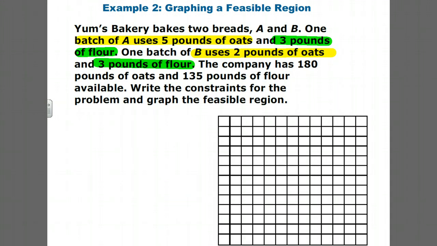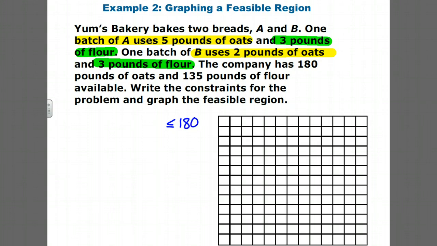The company has 180 pounds of oats to use and 135 pounds of flour. So those are some constraints that we have, and we need to write some inequalities that will stay within those constraints. When I see 180 pounds of oats possible to use, I'm thinking that there needs to be an inequality where some stuff is going to be less than or equal to 180.